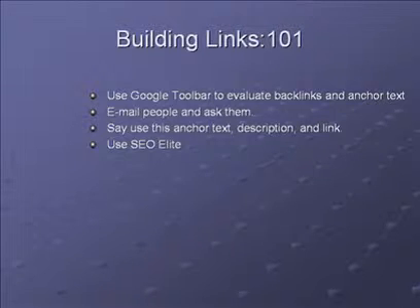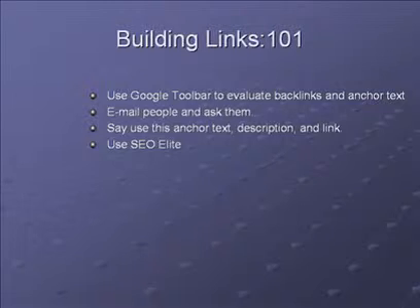Email other bloggers and ask them if they'll link back to you, if they will put you on their blog roll, and vice versa. So it really is a community that you should be trying to get involved with and help to facilitate and build here. So communicate with people. Ask them.